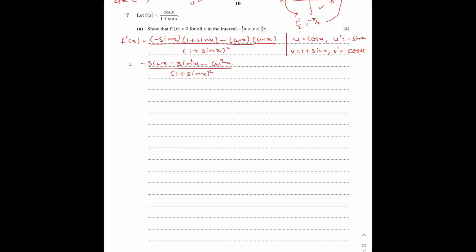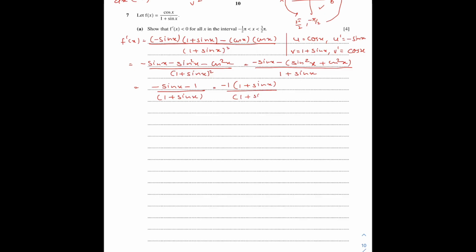Simplifying that, expanding the brackets: negative sin x minus sin squared x minus cos squared x over 1 plus sin x squared. I can write the negative sign outside, so it becomes negative of sin x plus sin squared x plus cos squared x over 1 plus sin x squared.